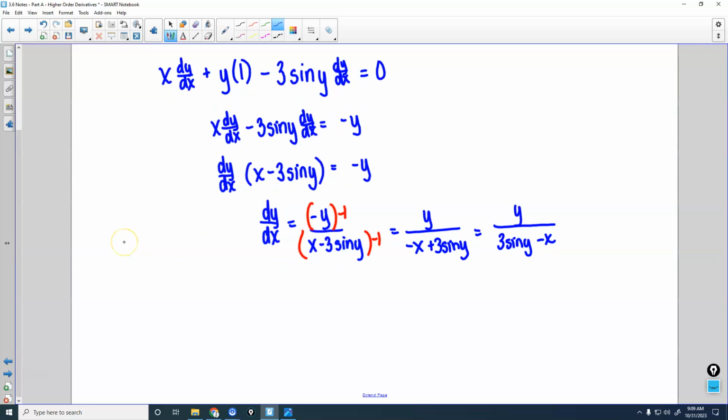If we take our second derivative, okay, we're going to do quotient rule.